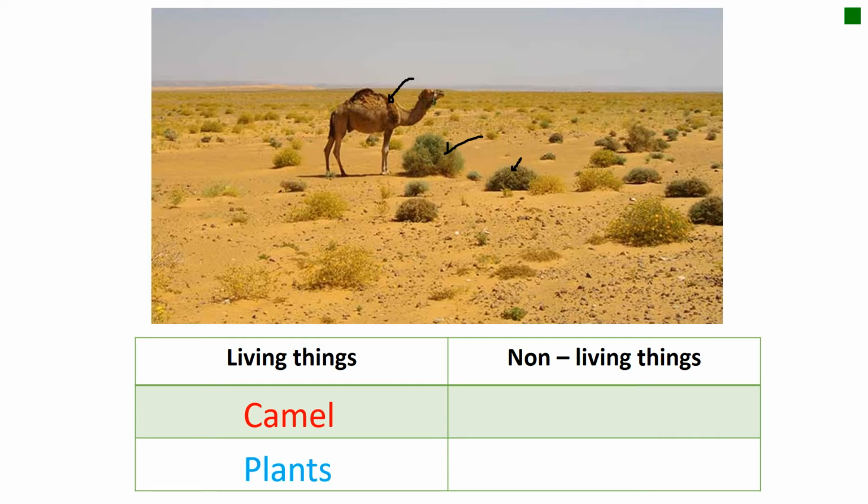While the non-living things, such as the desert, is covered with sand. So sand is non-living. And we have also, as you see here, a stone. So stones are also non-living things. So the living and non-living things in an environment is called an ecosystem.